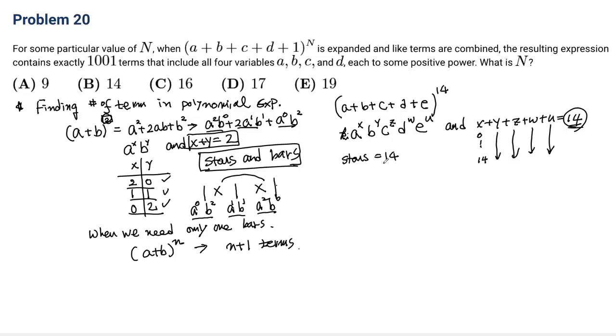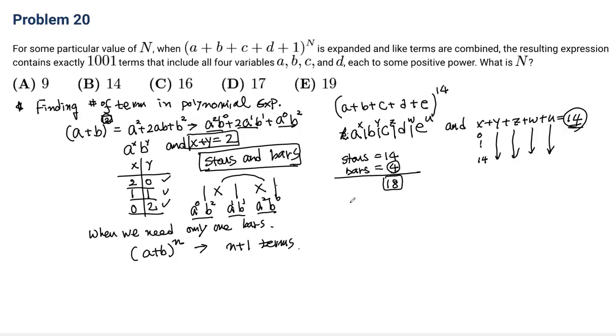How many dividers are there? 1, 2, 3, 4 dividers. The number of bars is 4. So the total is now 18, and out of this 18, we choose 4 for the bars. That's the answer.